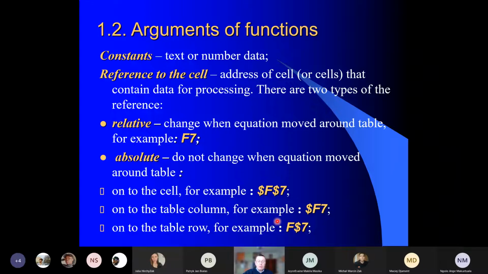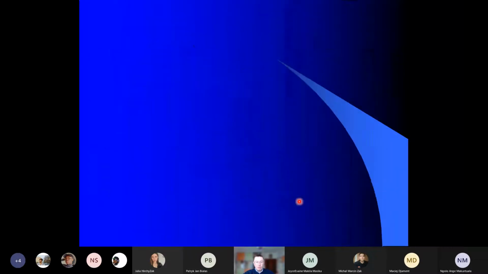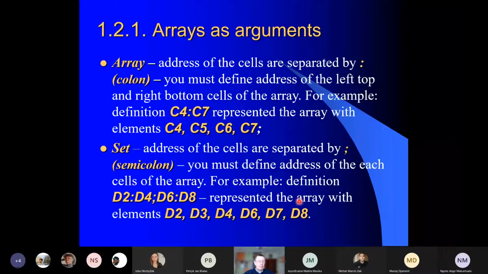Or we can create an absolute reference for a specific cell by introducing the $ sign before each part of the address, or only for a specific column or row. In this case, it will not be automatically updated when we copy-paste or use the autofill tool for calculation.